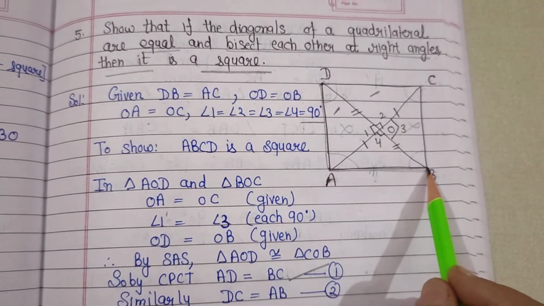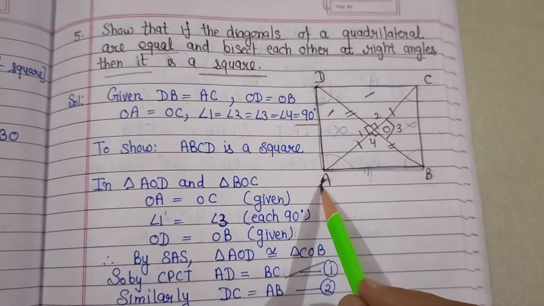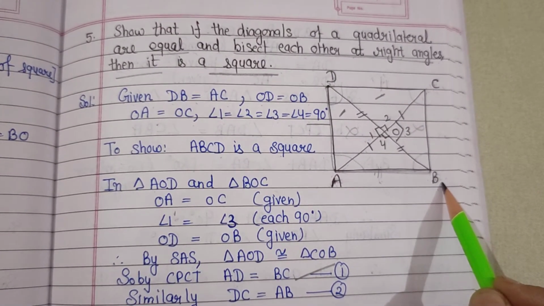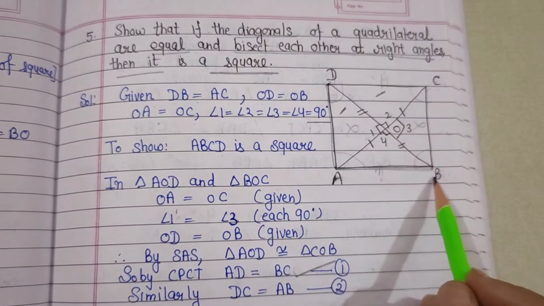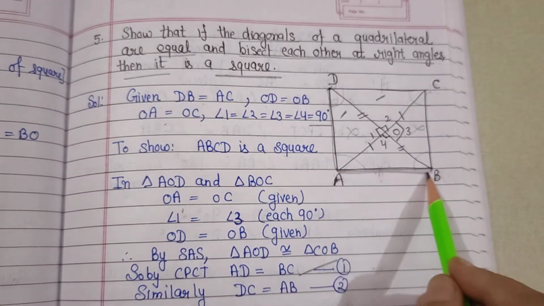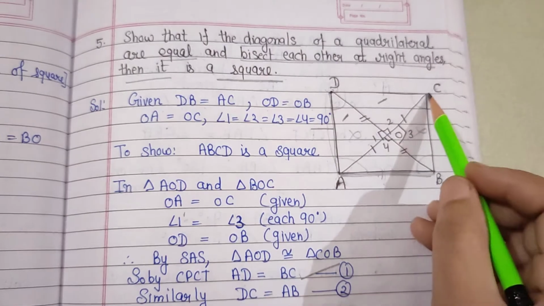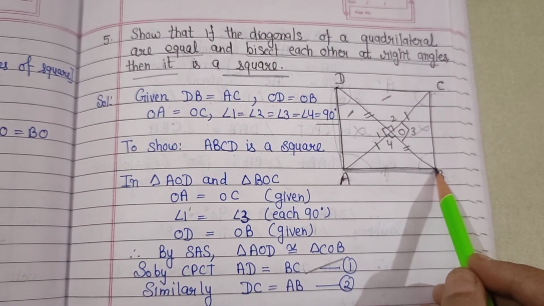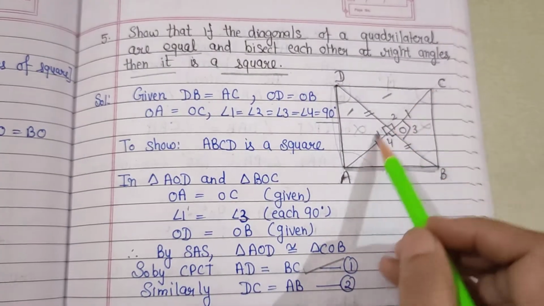Here AB is common. DA is equal to CB, it is proved above. And DB is equal to AC, it is also given. Now, common side, these are proved in the second part, and the diagonals are given equal.